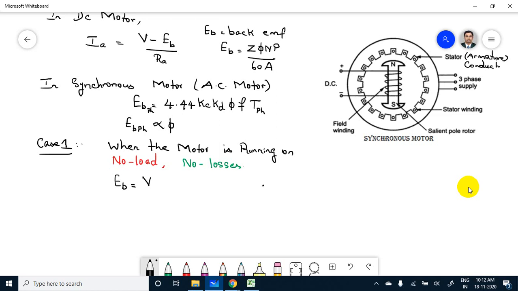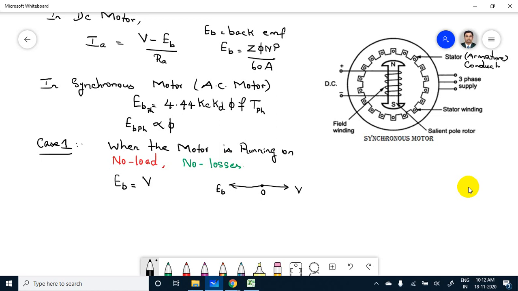So for the vector sum of this back EMF EB, this is my origin point. The left hand side will be EB, the right hand side will be the voltage V, and the center point will be the origin.